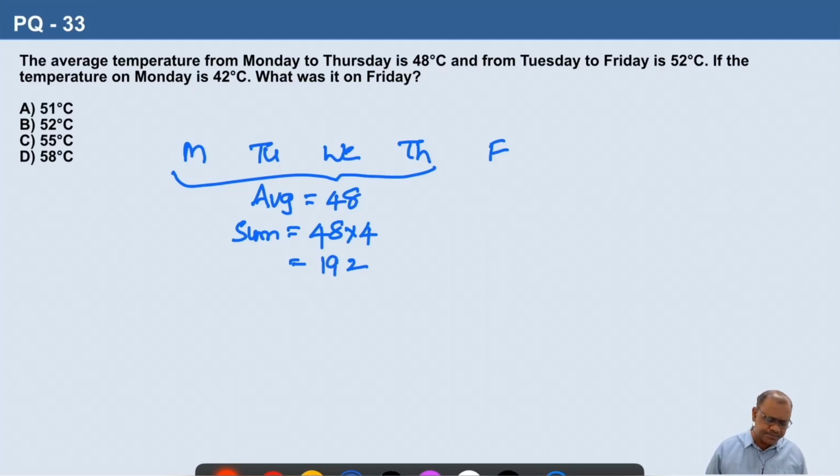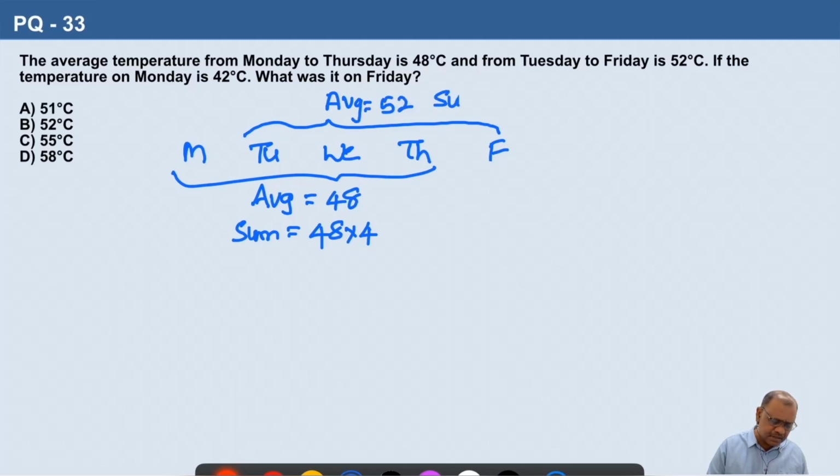And from Tuesday to Friday, it is 52. Average 52. Sum is 4 into 52.